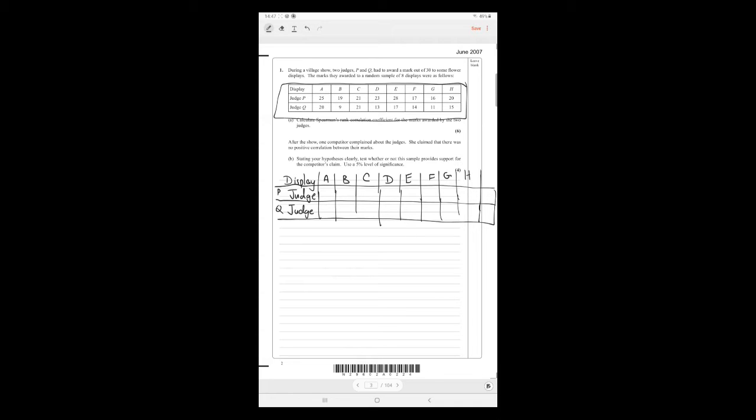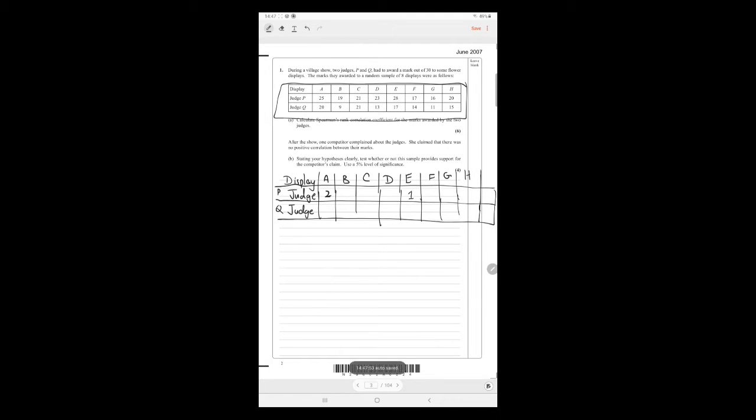The highest mark Judge P assigns is 25, and that is assigned to display A. Okay, actually never mind. The highest mark is 28, assigned to display E. So that is ranked number 1 by the judge. The second highest is 25 by Judge P to display A, so that's rank 2.